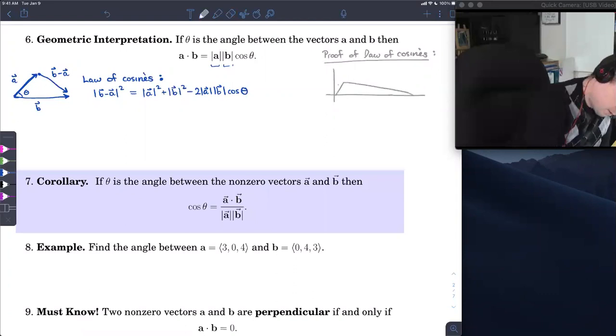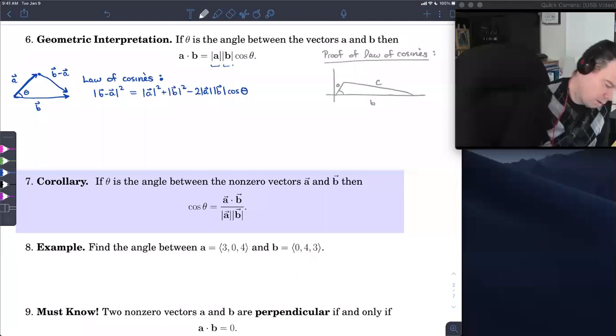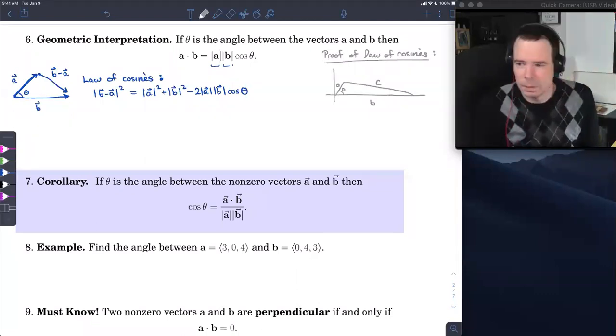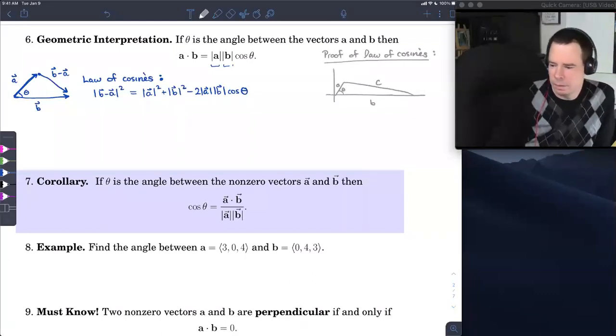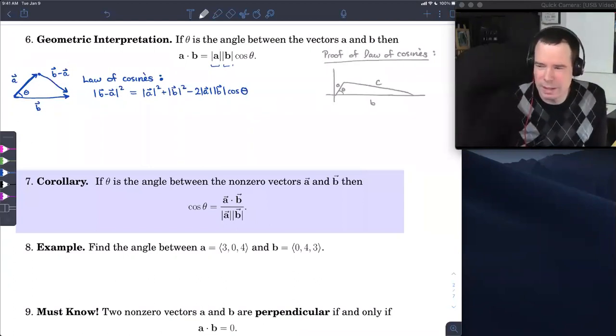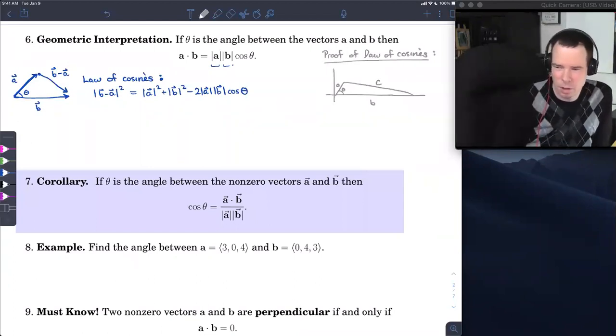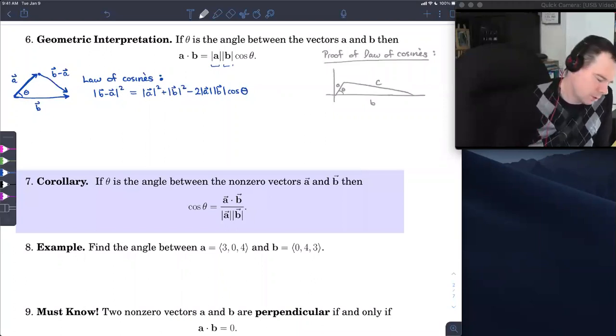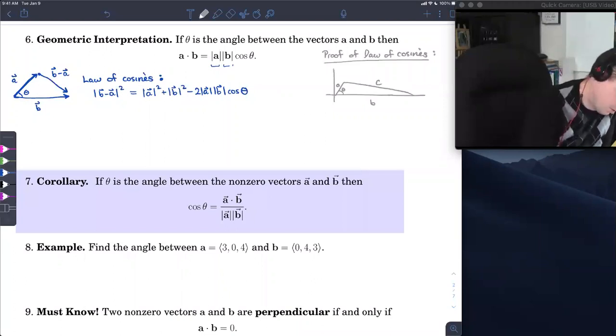And let's let this be side length A. Down here is side length B, and there is side length C. And then we've got this angle here, the angle theta. Okay. So now what I want to do from this picture is come up with a relationship between all the sides. And that's our law of cosines: how do the lengths of the sides all compare to each other.